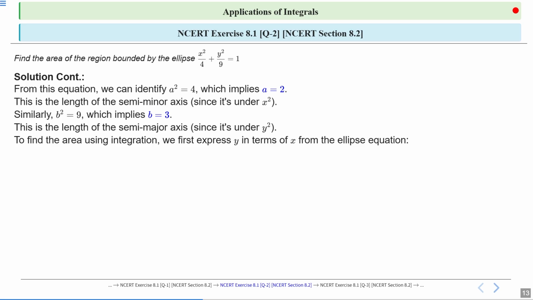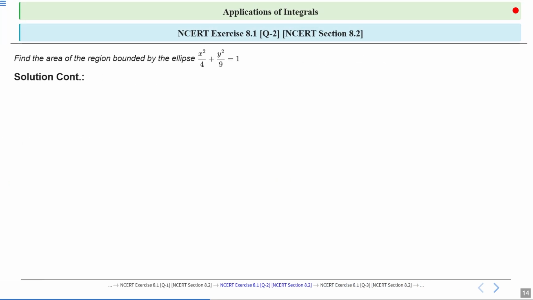To find the area using integration, we first express y in terms of x from the ellipse equation. So y square by 9 is equal to 1 minus x square by 4. Multiplying by 9, y square is equal to 9 times (1 minus x square by 4).